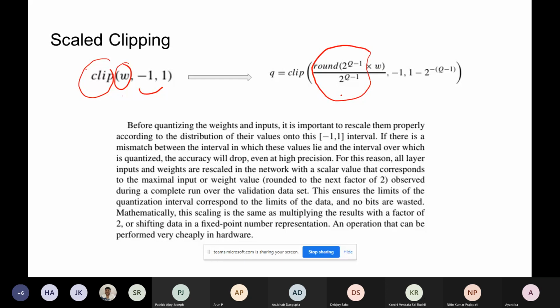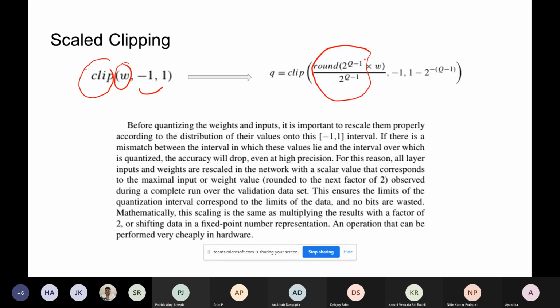Now, this scaling factor is an important part because it maps efficiently whatever you have in the input data to whatever you are getting after applying the quantization. Basically, you are multiplying with some power of 2, and then you are rounding off.